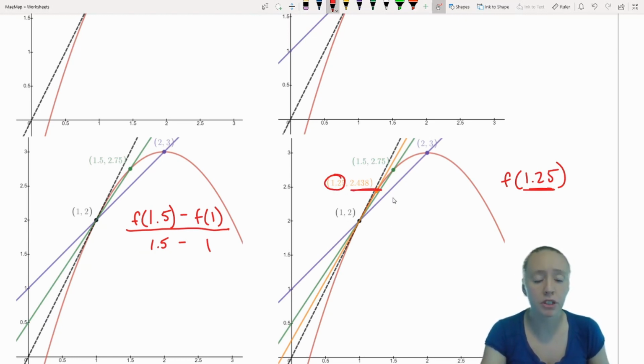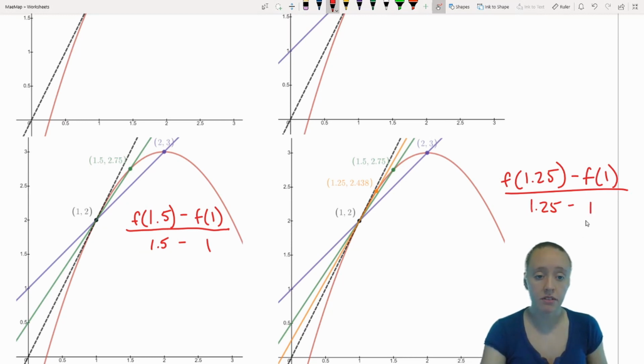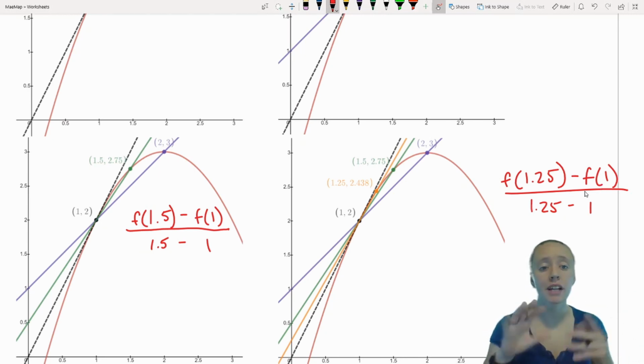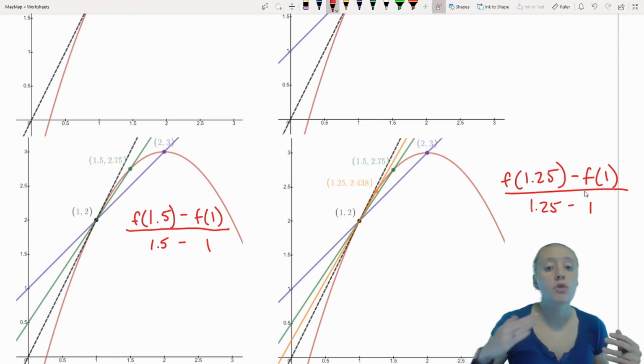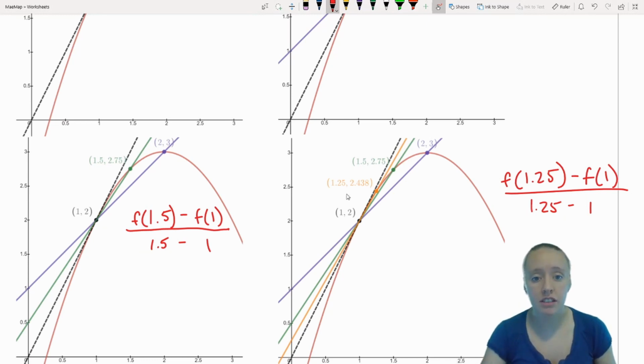So f(1.25) will be 2.438, and then I'll subtract f(1), which we know is 2, and that'll be all over 1.25, that x value, minus 1. 2.438 minus 2 is going to be 0.438, so we'll have 0.438 over 0.25. Doing that on a calculator real quick, I get 1.75. So I'm even closer to that tangent line, but I'm not quite there yet.